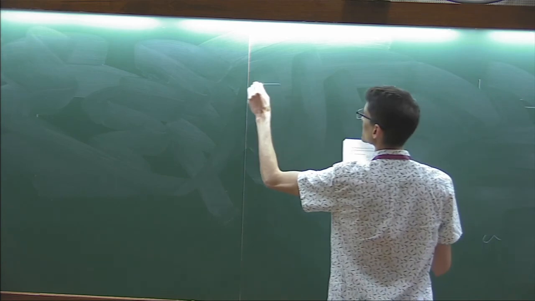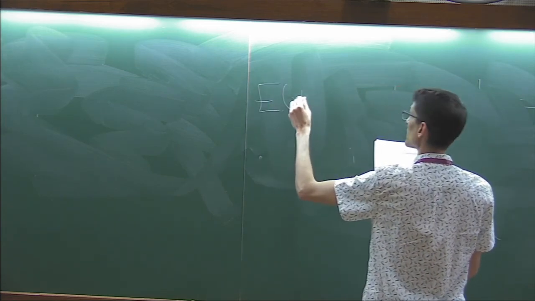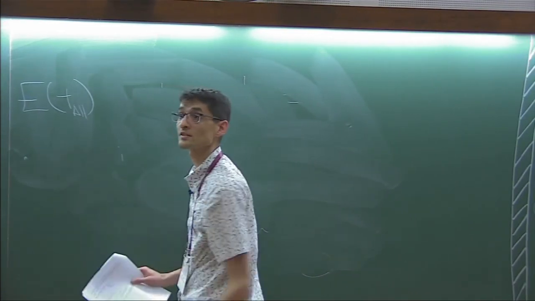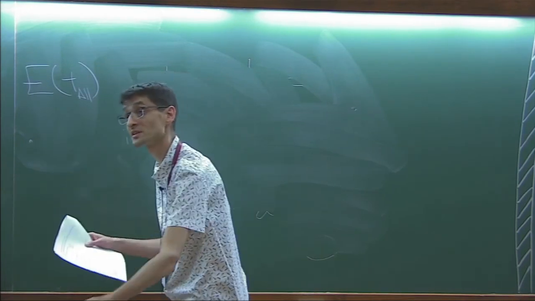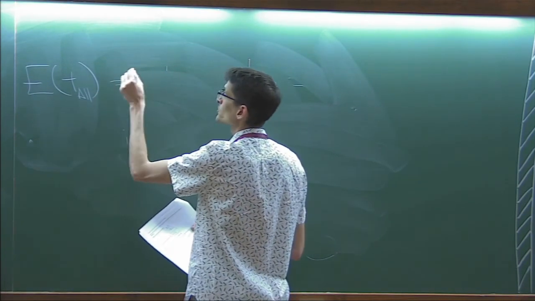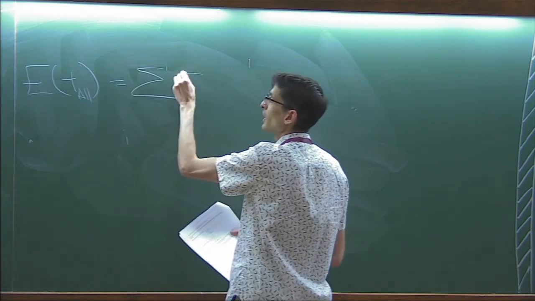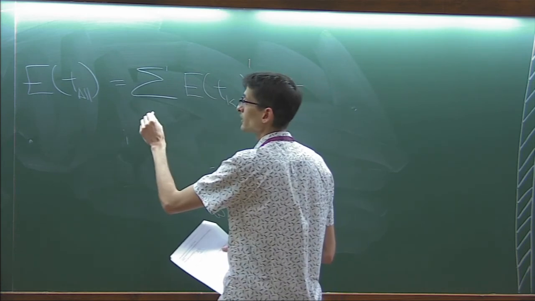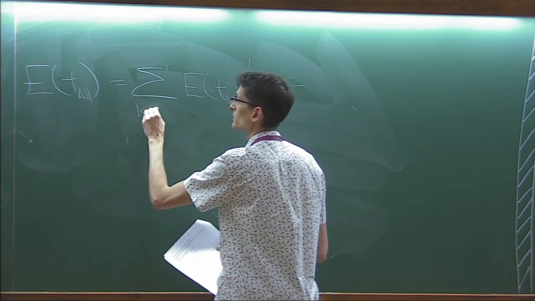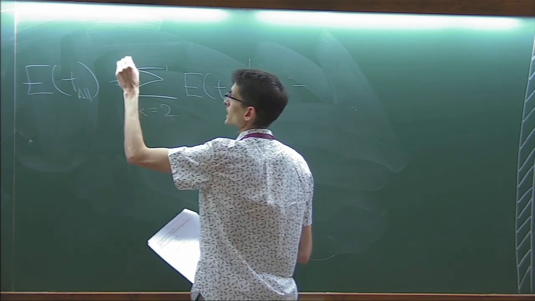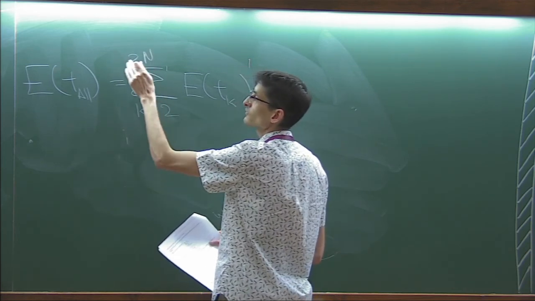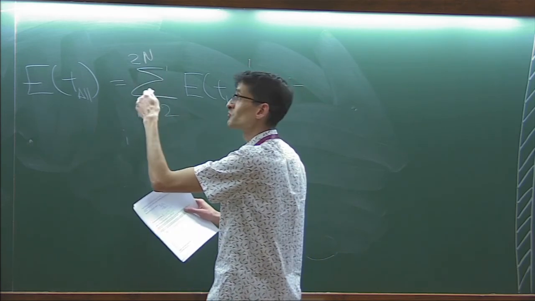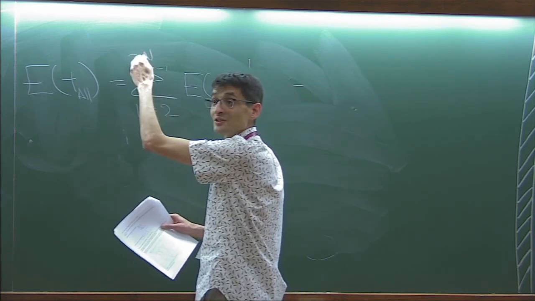So in that case, the expected total time to go from k down to a single allele is just going to be the sum of the average times, starting from k equals 2 to k equals 2n.